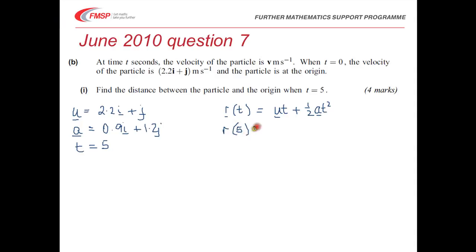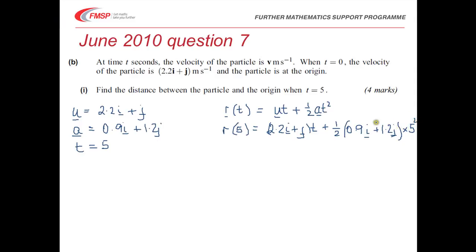So r of 5 is 2.2i plus j times t, plus a half a, which was 0.9i plus 1.2j, multiplied by t squared, which is 5 squared.